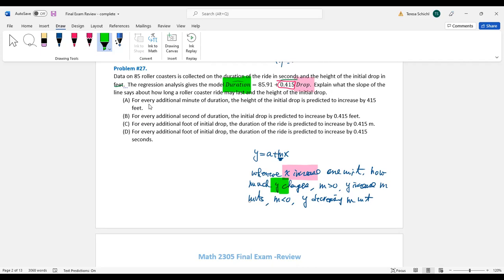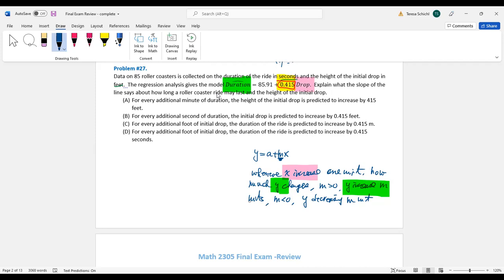The 0.415 is positive, so y increases m units, and m is 0.415. Let's transfer this to the roller coaster. That means for every additional foot of the initial drop, the duration of the roller coaster will increase by 0.415 seconds.